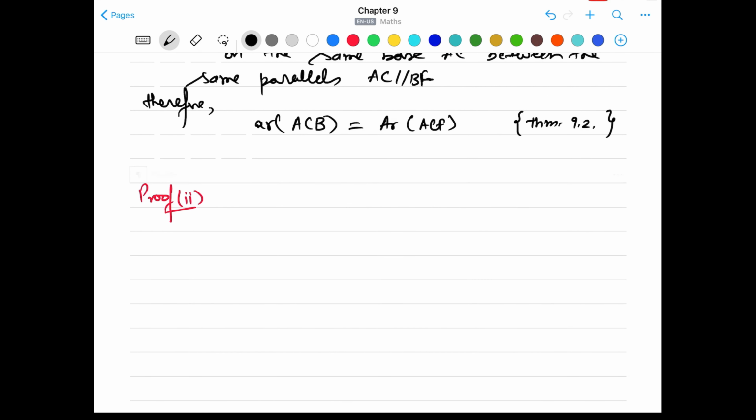So we have, since area of triangle ACB is equal to area of triangle ACF, which we have proved above in part 1.